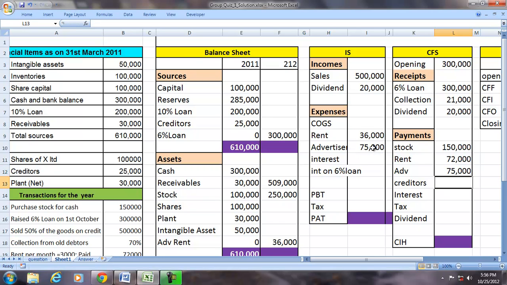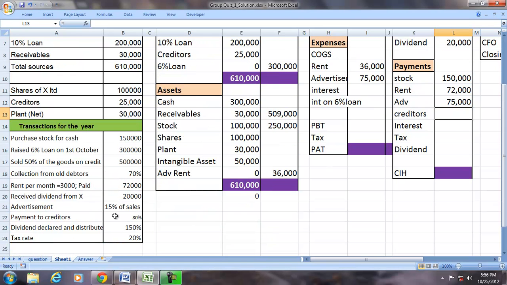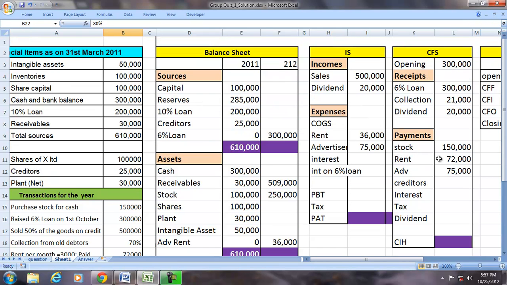So advertisement is an expense and a cash outflow. Payment to the creditors 80% of the old creditors, so 0.80, and the creditors in the process will reduce to the extent of 20,000.